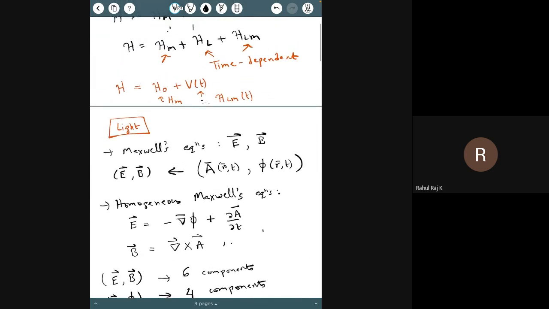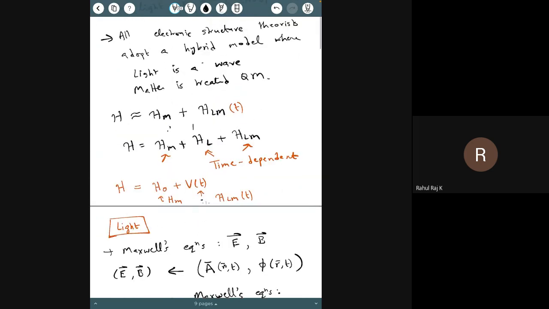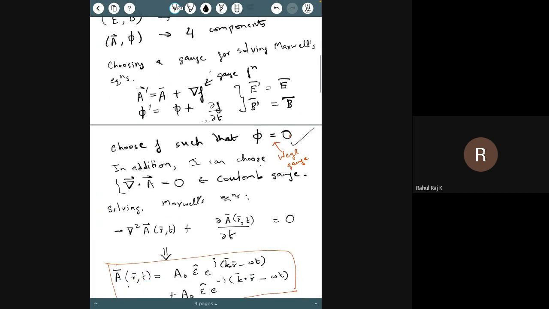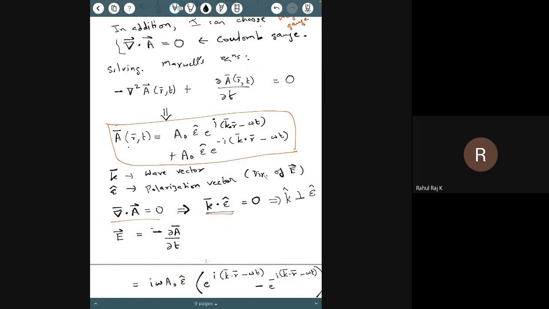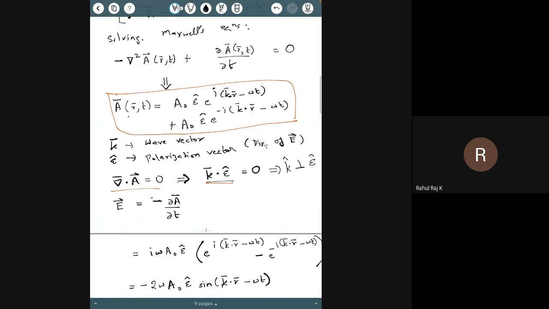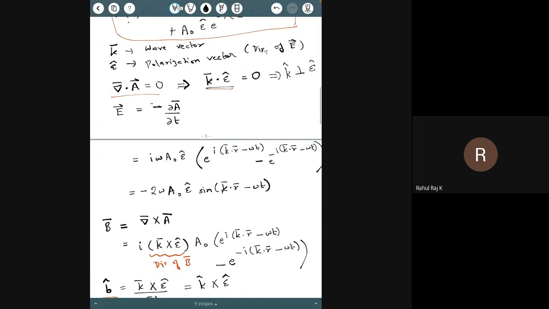Let's see. So A0. This by 2i. So into 2i.